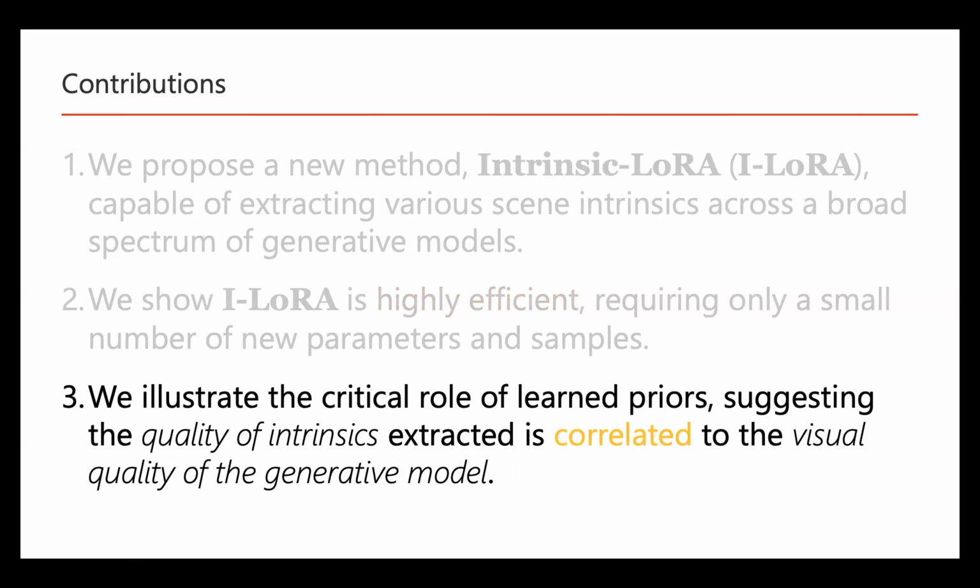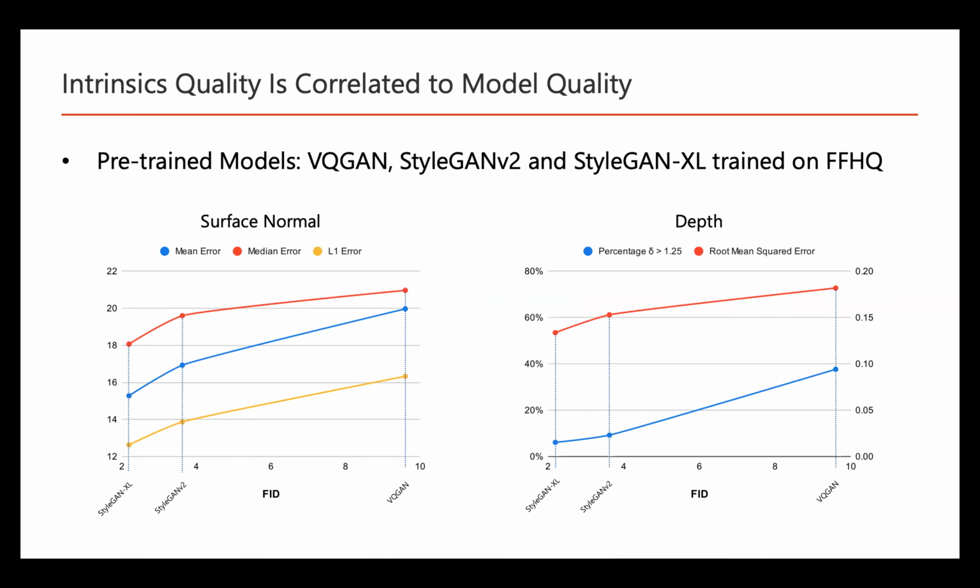So to me, one of the most interesting findings of our work is that the quality of the extracted intrinsics is correlated to the quality of the generative models themselves. So here we show two graphs. We apply iLoRA on 3 different generative models, VQGAN, StyleGAN V2, and StyleGAN XL, that are all trained on the FFHQ dataset.